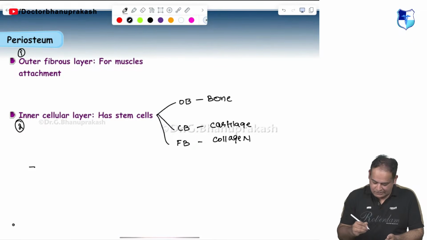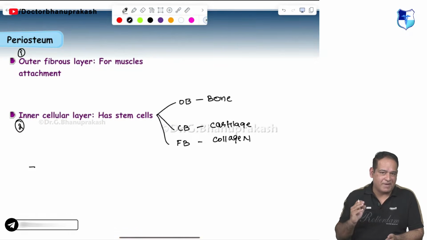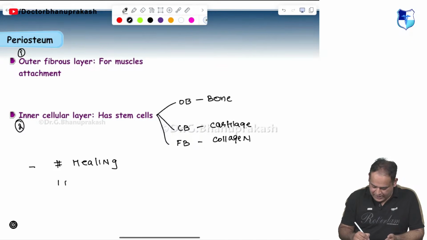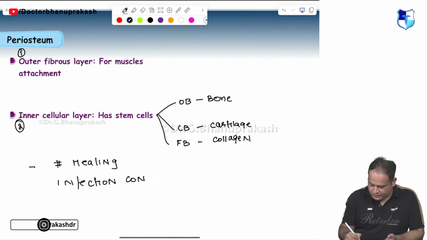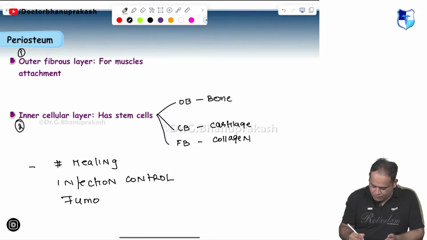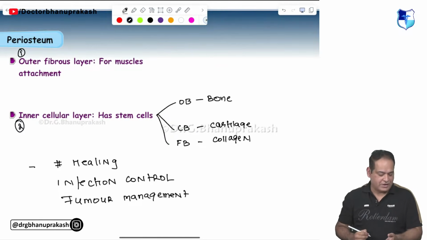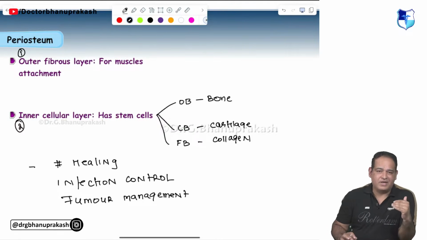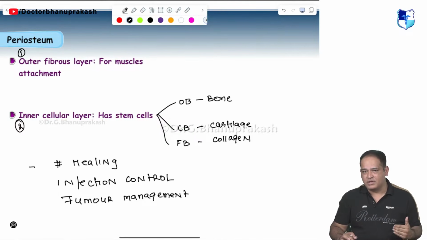Now, these stem cells of the periosteum, they help in fracture healing. They help in infection control. They help in tumor management. Right? Okay. Now, let's see what is the importance of periosteum.